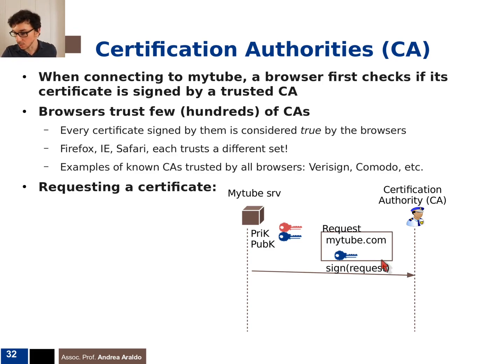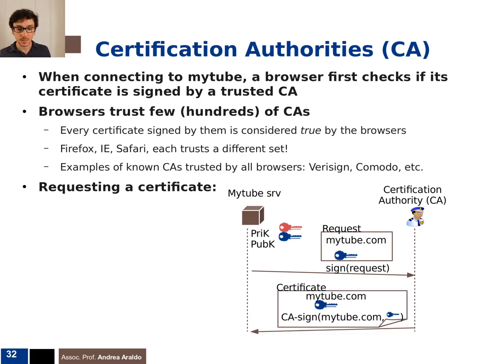The certification authority will make some verification, making phone calls, checking if the company really exists, etc., and if everything is correct, they will create a certificate, meaning that they will sign the couple MyTube and public key with their own signature.